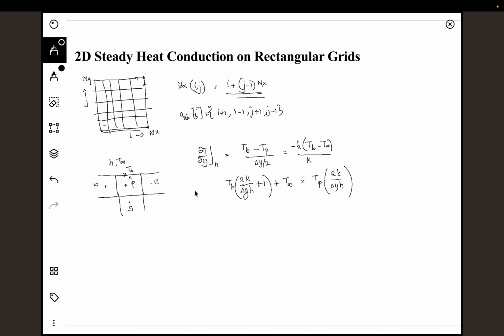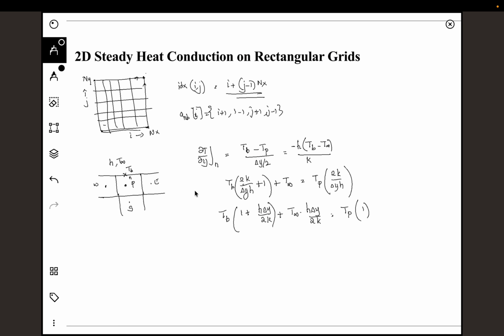And then we'll have other terms also, like the contributions from east, west, and south. But for now, for the constant term, I can rearrange this a little bit. So instead of writing it in terms of this, I can also write this as 1 plus h delta y by 2 kappa, plus T infinity times h delta y by 2 kappa, times Tp, something like this.